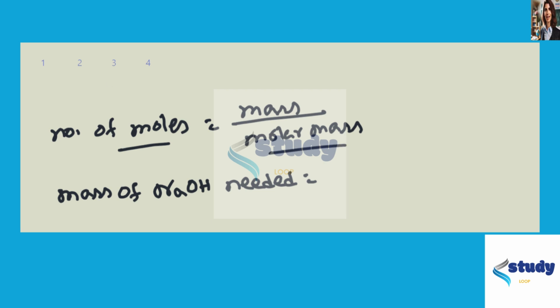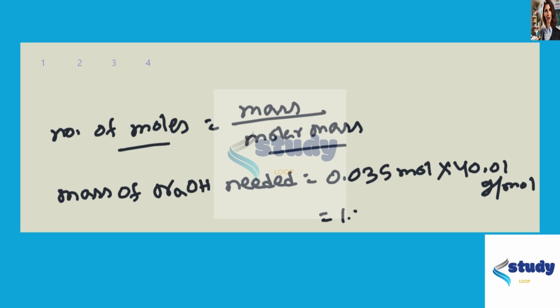So moles of sodium hydroxide we have is 0.035 mole times the molar mass of sodium hydroxide, which is 40.01 grams per mole, and this will give us the mass of sodium hydroxide we need, and that is 1.40 grams.